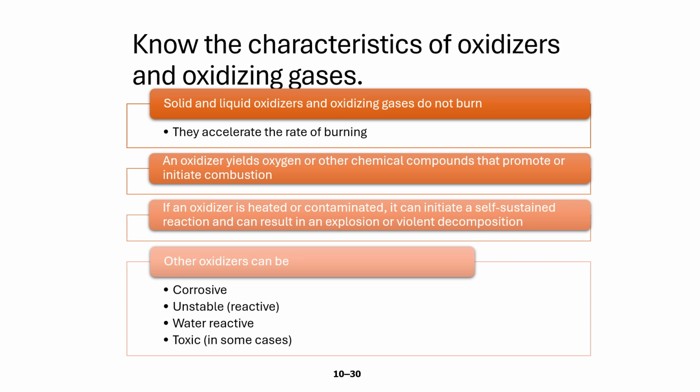So depending on what it is, it can have some very severe volatile characteristics. Fire code compliant storage and use of oxidizers is designed to separate them from incompatible hazardous materials. Oxidizers generally will be separate from any other type of material because of their ability to enhance the burning process.